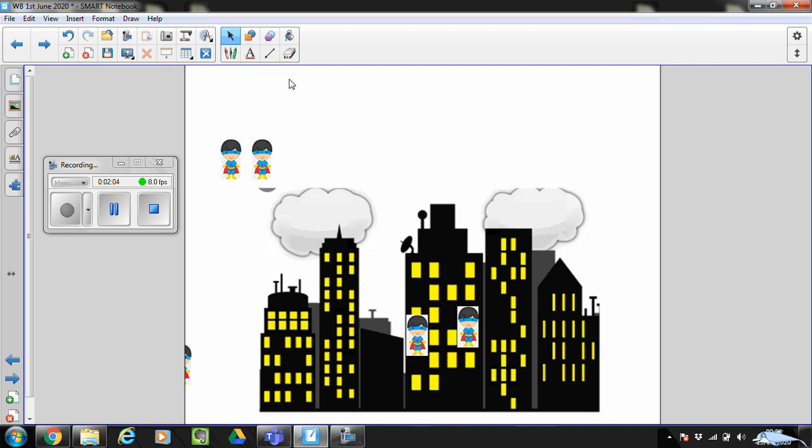There are 2. So we started with 3. So 3 superheroes were called to land on the building. One of those superheroes had to fly away, so I've had to subtract 1, and I was left with 2.